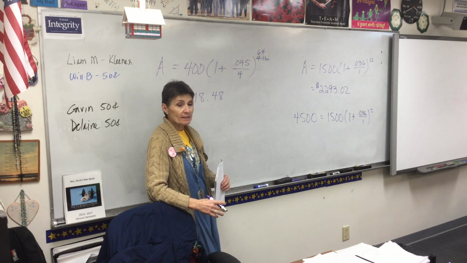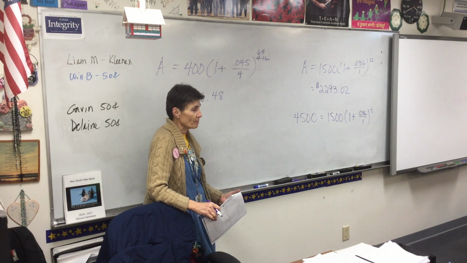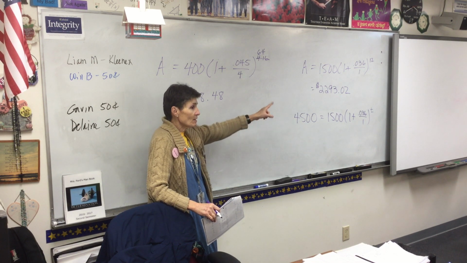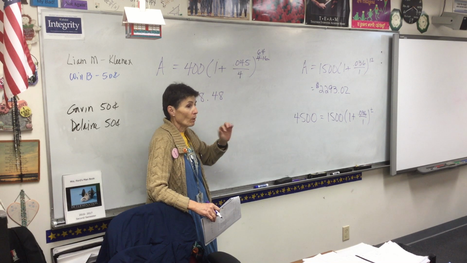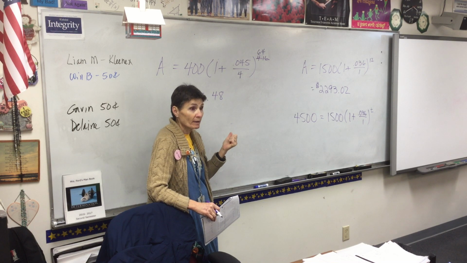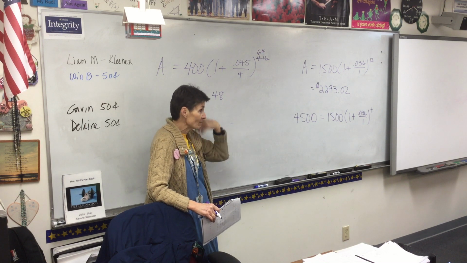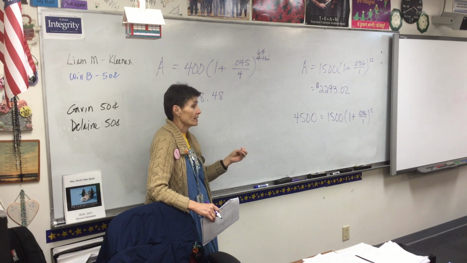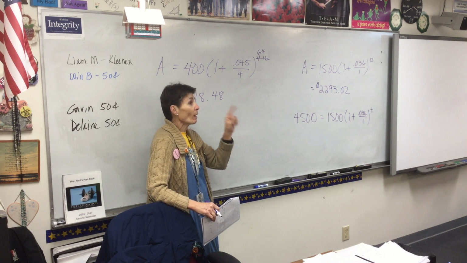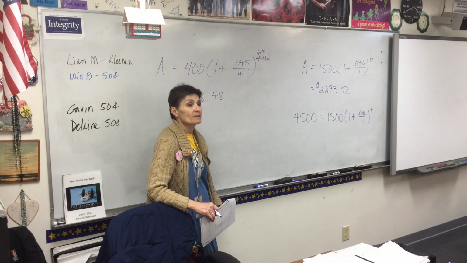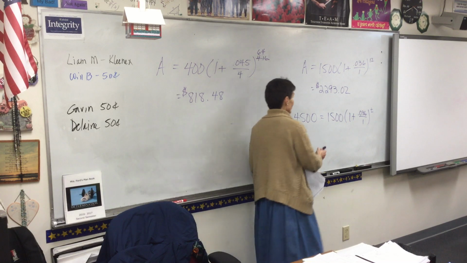Wait a second, we've seen this kind of situation before. If my variable is the exponent, I know at some point I'm going to need to use what? Logarithms. Yep, the only way to get that variable down so I can solve for it is to use logarithms. But what do I always have to do first? Divide. I always have to divide first.